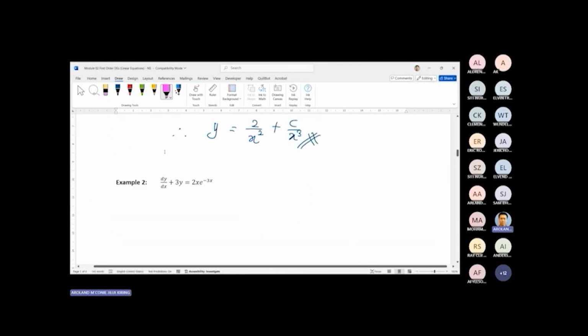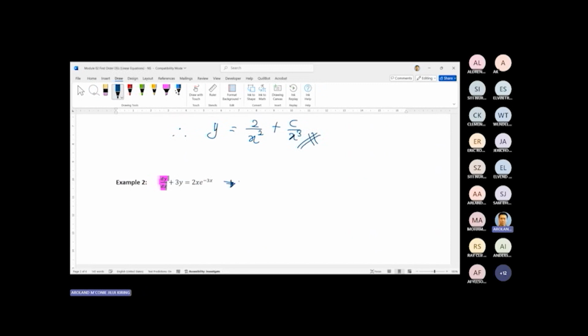Okay, next we look at example 2. Hopefully you can understand better with this example. So this is our question. If you look at your question, it is already in linear form. How do you know?